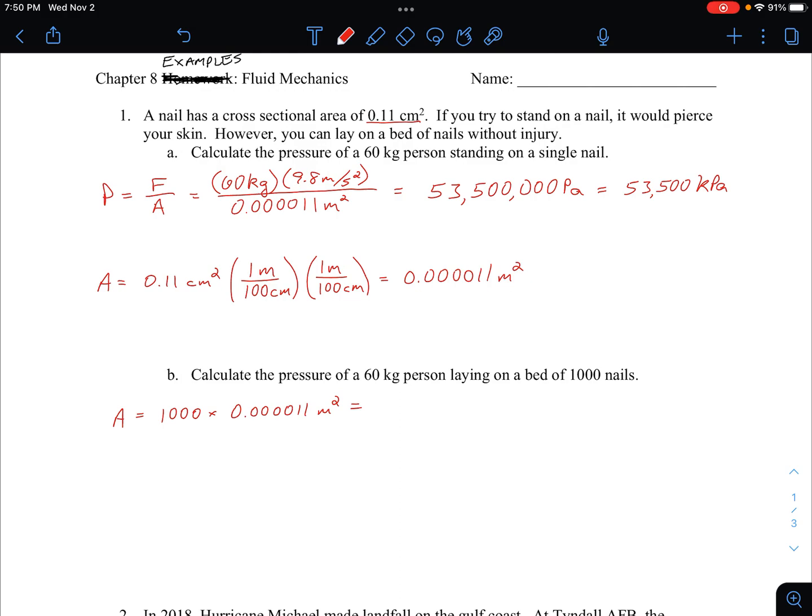And so this gives us 0.011 meters squared.